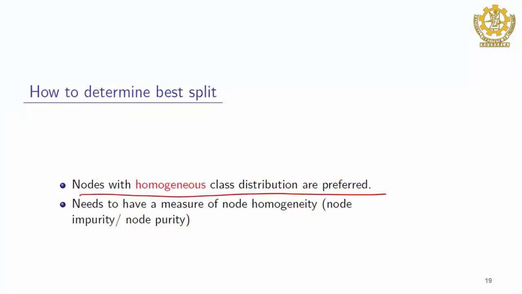Now we will talk about the different metrics by which we can identify whether, let us say we divided into two parts, subset 1 and subset 2, this subset is more pure than that subset. So, we should have a measure. That we will see next.